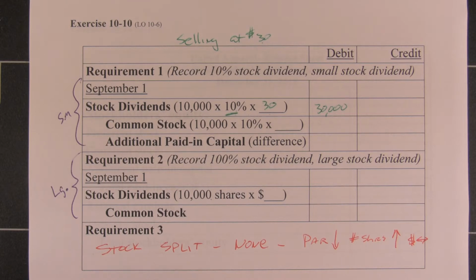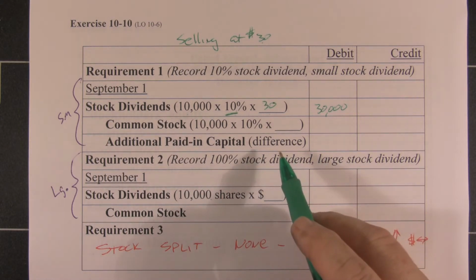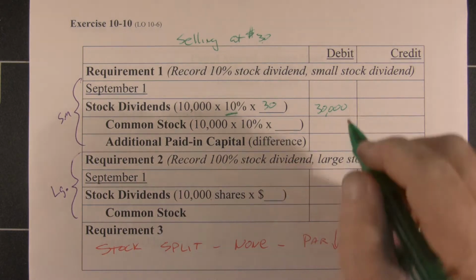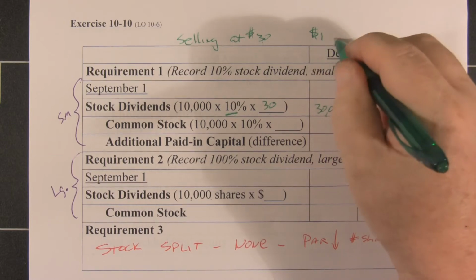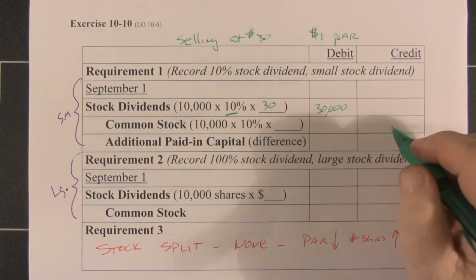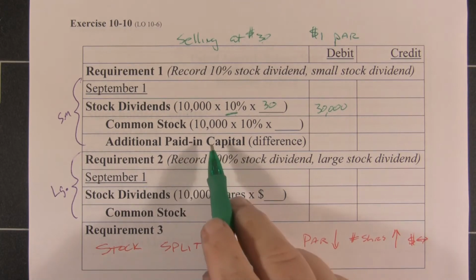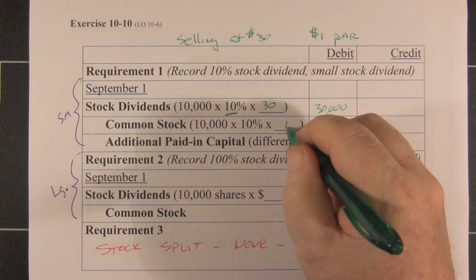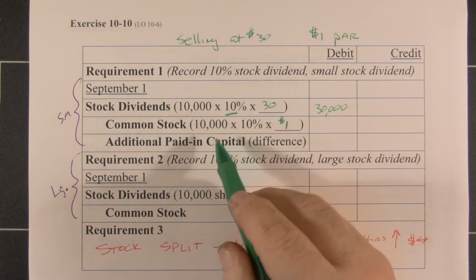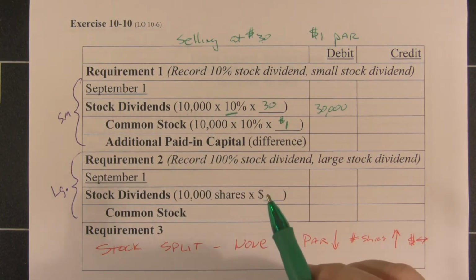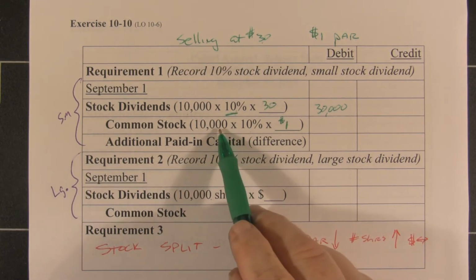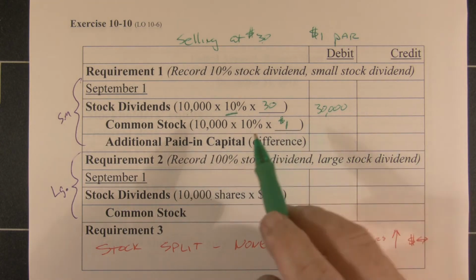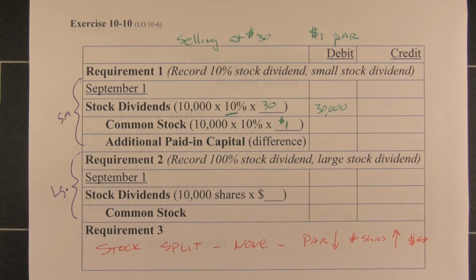That is not uncommon. Now, we know that the stock is dollar par because they tell us that. So we have 10,000 times 10% times $1, because remember, we're giving out a 10% stock dividend, so each of our shareholders gets a tenth of a share at par and a tenth of a share at the market price.